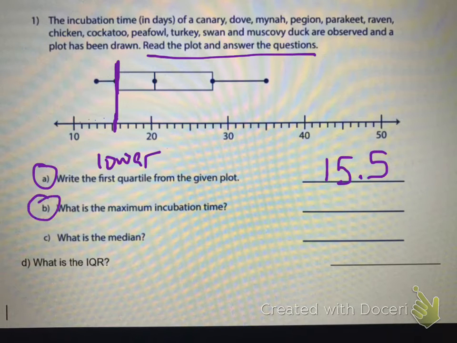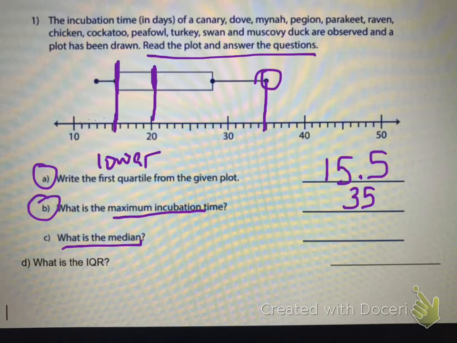Next it says, what's the maximum incubation time? That's going to be this number here. Let's draw that line down to here. It looks like the maximum incubation time is 35 days. Then it asks, what's the median? The median is our middle number. It's right here. Coming down to the bottom to read that on our number line, we've got a 20. And then it wants to know the interquartile range.